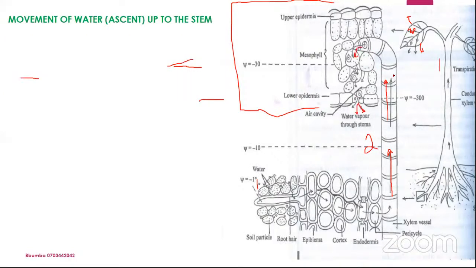Now the adhesive forces, those are the forces between the water molecules and the walls of the xylem. If you want to understand how strong adhesive forces are, picture a glass and you pour water out.